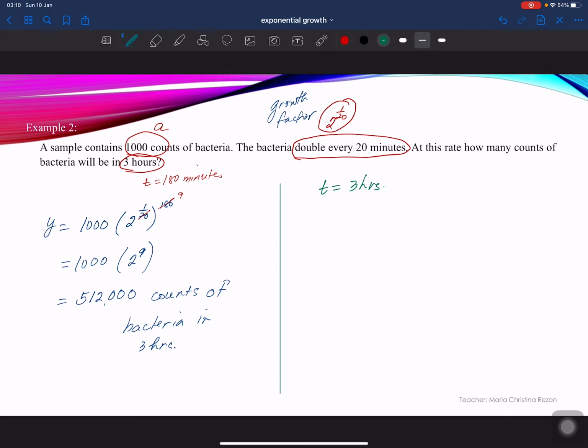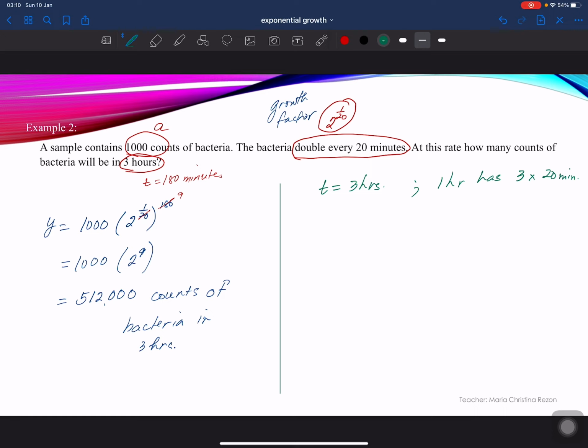Then our growth factor, we can use, say, 1 hour has 3 times 20 minutes.